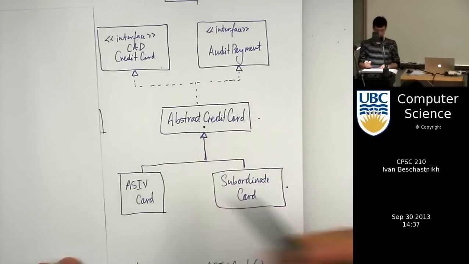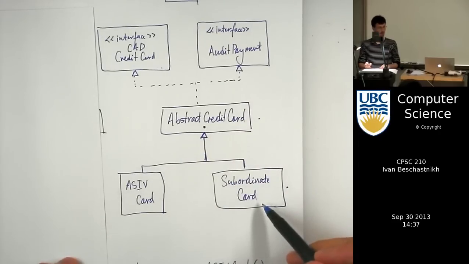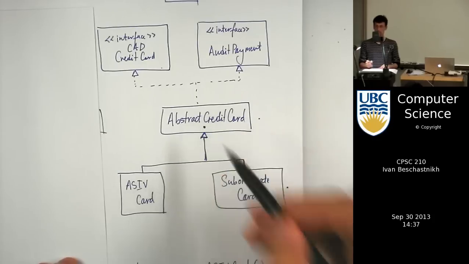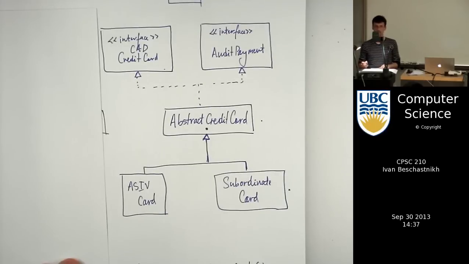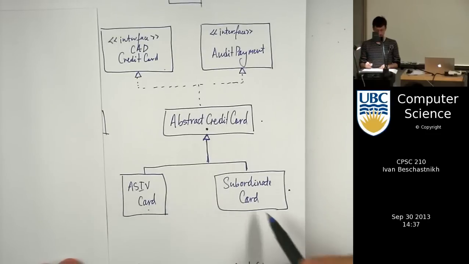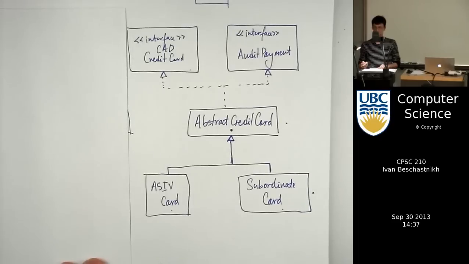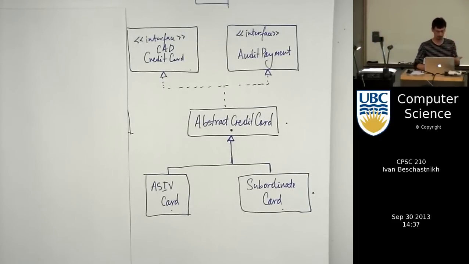And this implementation is shared. So an ASIF card and a subordinate card, when I call authorized amount, it calls the authorized amount implementation in this class. But what if I want a different kind of authorized amount? I want my authorized amount method to do something different depending on whether you're an ASIF card or a subordinate card. So in that case, what you need to do is add a method called authorized amount to one of those cards.